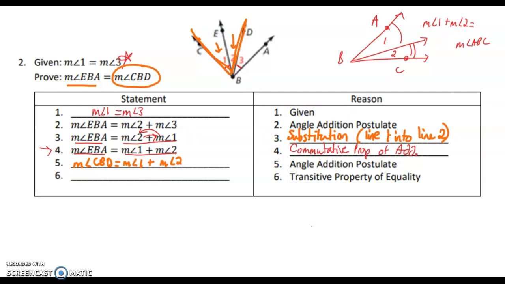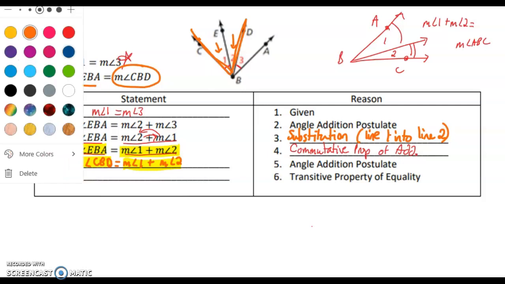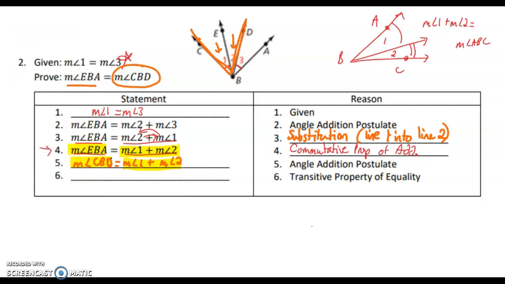All right, so now you can kind of use transitive property or substitution. I could see it both ways. So because measure of angle EBA equals 1 plus 2, and measure of angle CBD equals angle 1 plus 2, if they both equal measure of angle 1 plus measure of angle 2, then couldn't you use substitution or transitive to essentially say, okay, cool, if this equals 1 plus 2, then I could substitute it in right here for 1 plus 2.